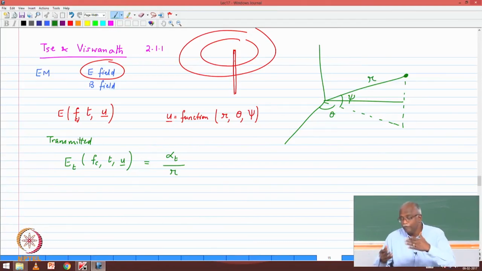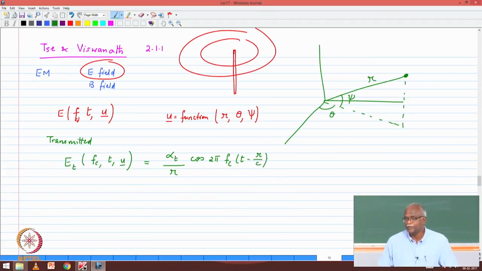So that gain, whatever is there initially, will decay as a function of 1 by r, and the rest of the dependence is basically a sinusoidal function, cosine 2 pi fc t, and how much distance have you traversed? It is r divided by c, the speed of light.